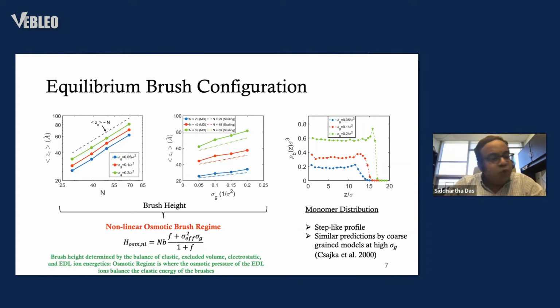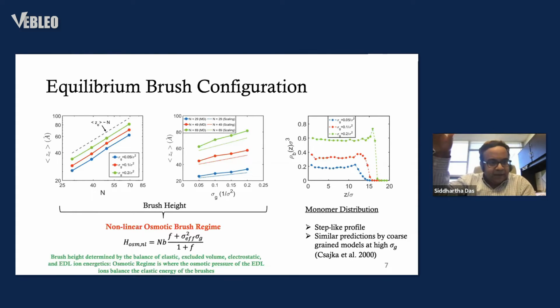We also study the monomer distribution, and we find that the monomer distribution obeys a step-like profile. What does it mean? That the monomer density is nearly constant inside the brush layer, but the moment you go out of the brush layer, it has, quite naturally, a very drastic decrease.